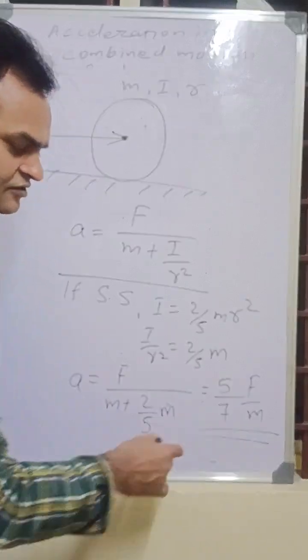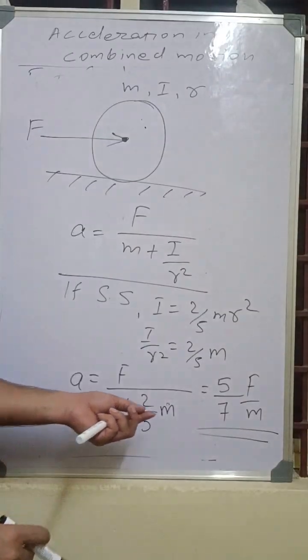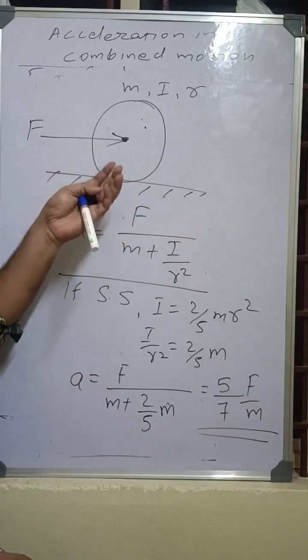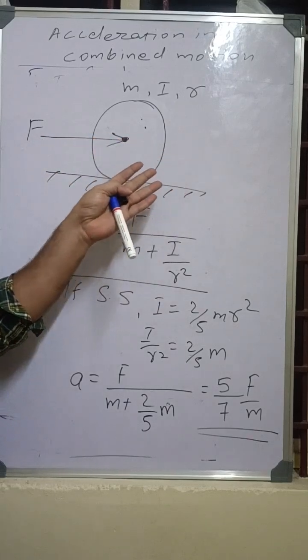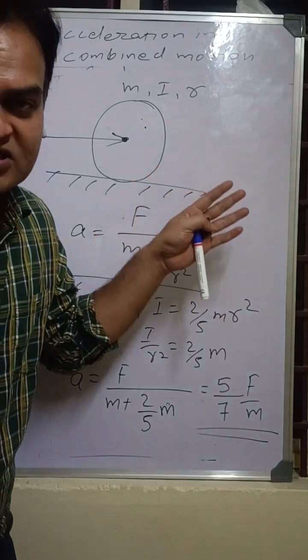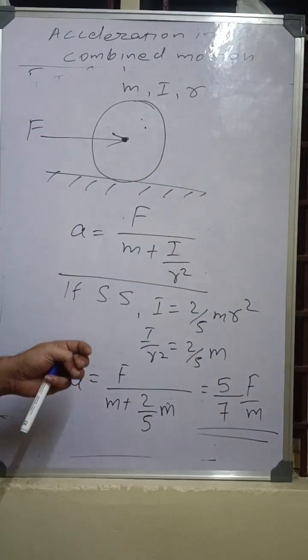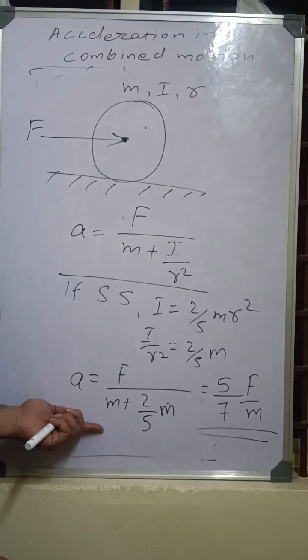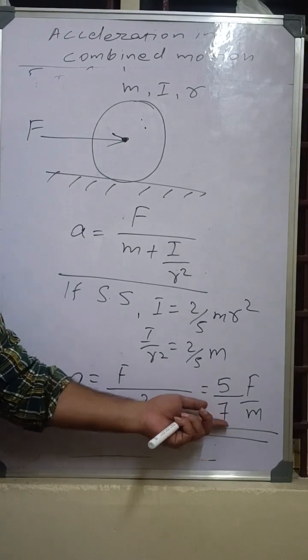The same result will come if you do the proper method. The proper method means write the equation of motion for translation, write the equation of motion for rotation, and apply the condition of rolling. This result will come, and you can get it in one step only.